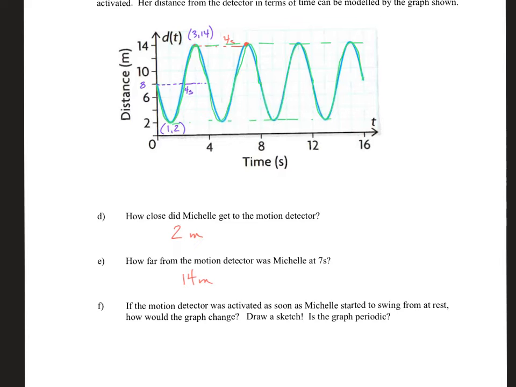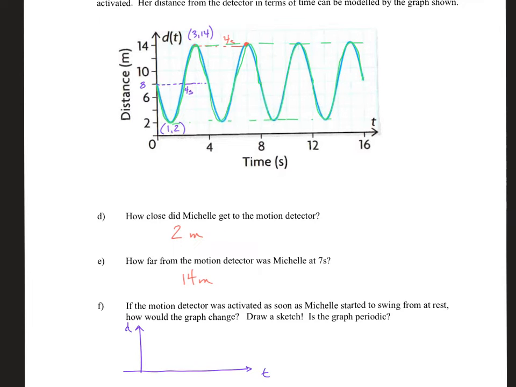Maybe we might say, if I did have my vertical axis, which was my distance axis, and my horizontal axis, which was my time axis, that if I started to swing on that swing set, yes, I can get up to a graph that looks pretty much like Michelle's.